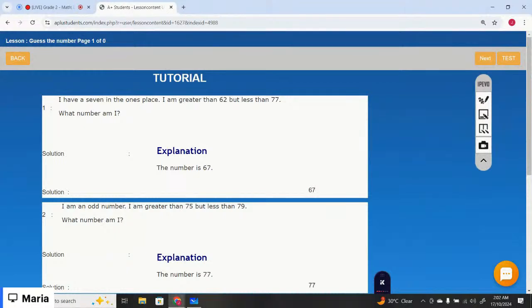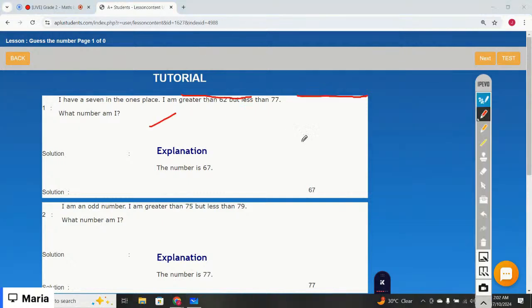I have a 7 in the ones place. I'm greater than 62 but less than 77. What number am I? So you have the 7. The question is, I have a 7 in the ones place. So one digit is 7, right? I'm greater than 62 but less than 77.